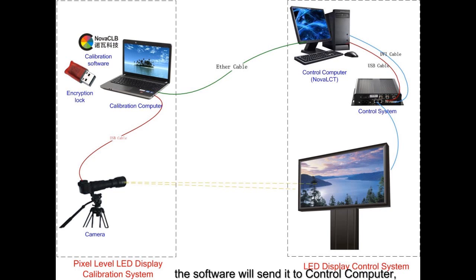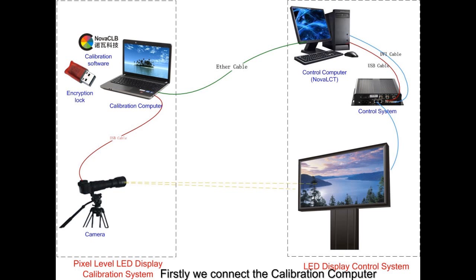The software will send it to the control computer, and the control computer will send it to the receiving card. The receiving card, which is in the LED display, will save the calibration coefficient and use it to show the effect of calibration. Now we are going to show how to connect these hardware.